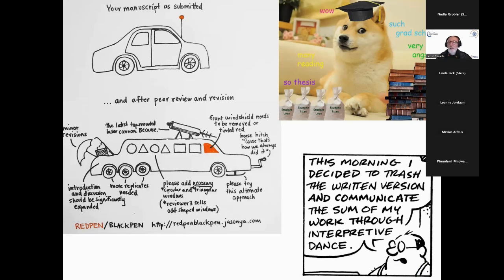The person who has power over you when you are submitting is the reviewer. So you may often feel, I submitted this rather nice manuscript, and after peer review and revision, actually, I had to change things. I mean, never change things so that you feel that the article is no longer yours.